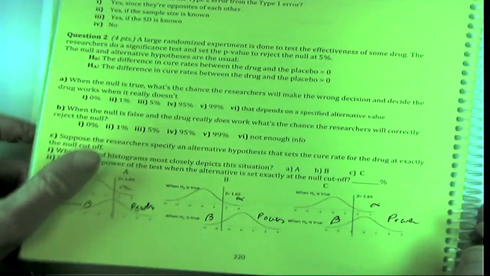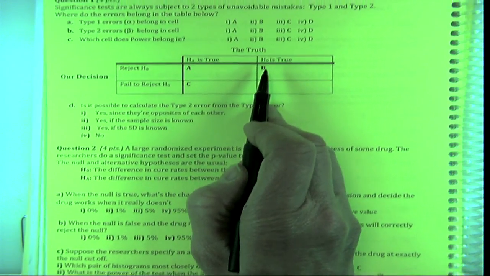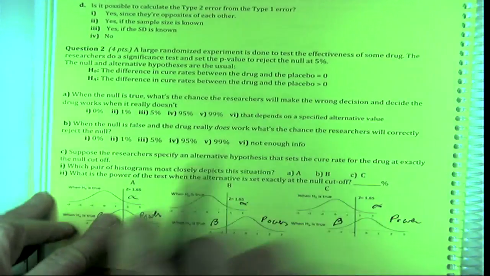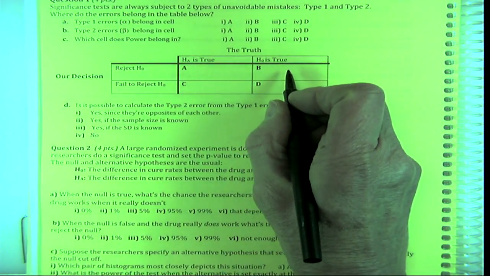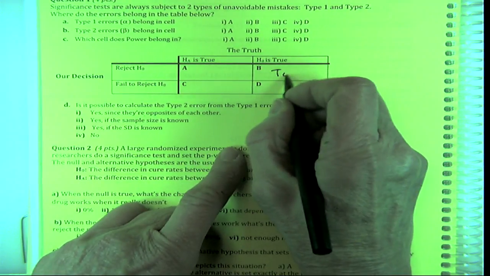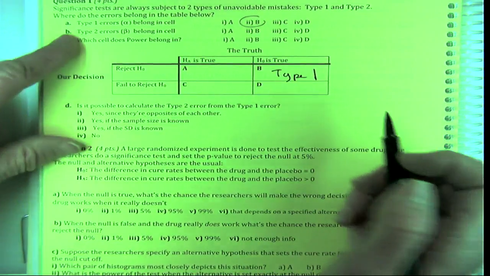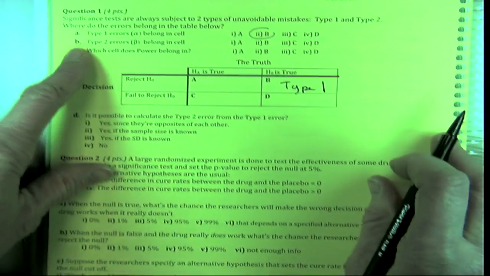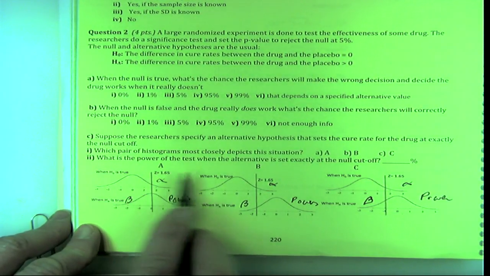So how to fill out this chart? When the null is true, right, then rejecting it is making an error. It's true. So this right here is type 1 error. And the type 2 error can only happen when the alternative is true, and you decide that you fail to reject. You say you don't reject it.